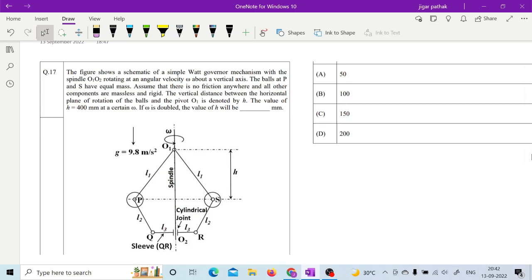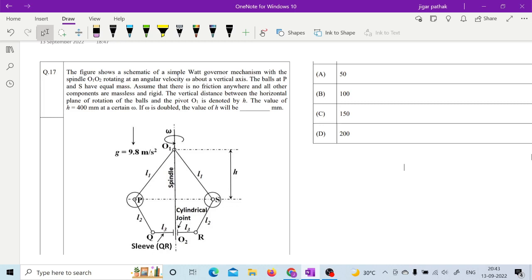Now the balls at P and S have equal mass. Assume that there is no friction anywhere and all other components are massless and rigid. The vertical distance between the horizontal plane of rotation of the balls and the pivot O1 is denoted by h. The value of h is 400 mm at a certain omega. If omega is doubled, the value of h will be how much?